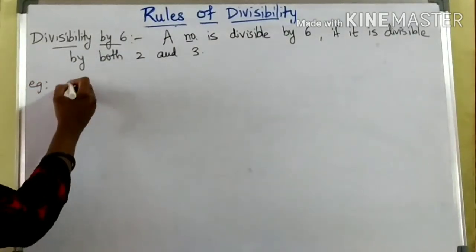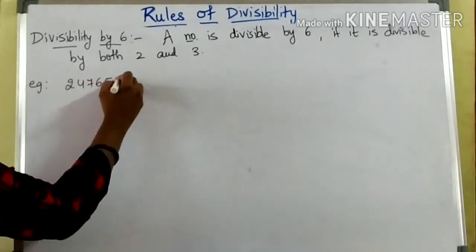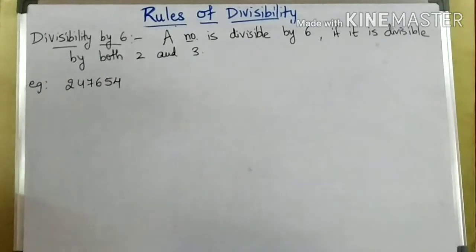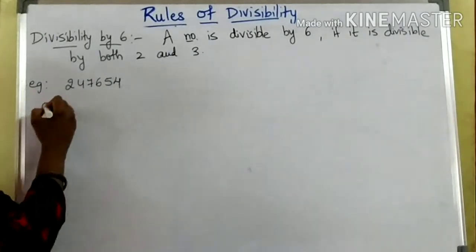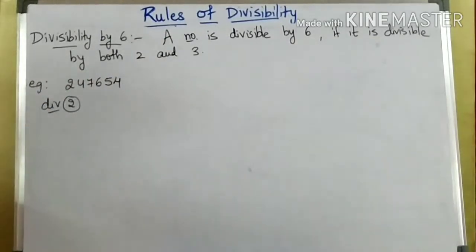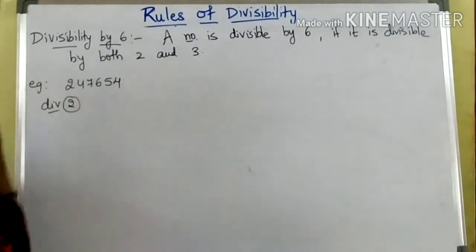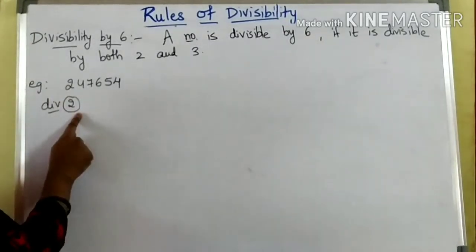Example, when I take 2 4 7 6 5 4. Now we have to check for divisibility by 2 and divisibility by 3. It should satisfy both the rules. Then we can say that the number is divisible by 6. Coming to divisibility by 2, what is divisibility by 2?